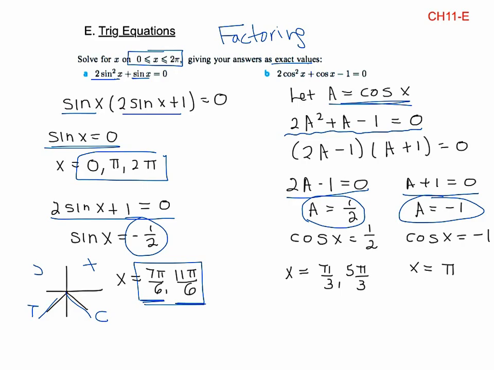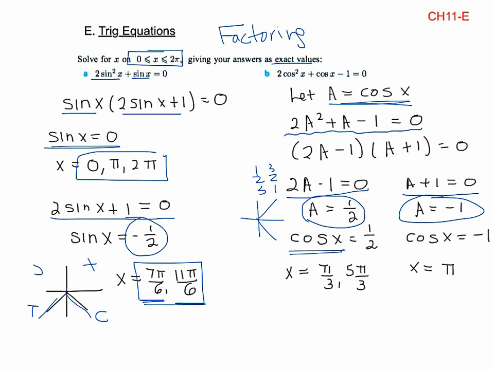Solving for a, we get a is equal to half, or a is equal to negative 1. Now, plug back in what a is equal to, which is cosine of x. Cosine of x is equal to half. Where is cosine half? All students take calculus, in the first and fourth quadrants. Cosine is half at pi over 3 because of the unit circle, 1, 2, 3, 3, 2, 1 over 2.